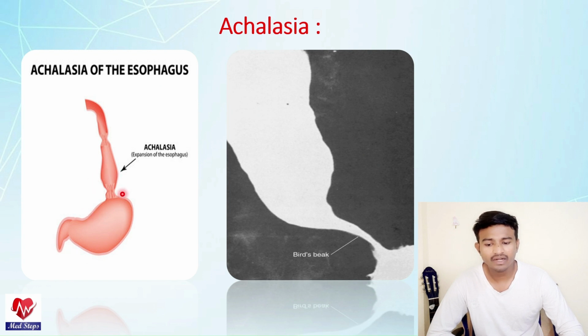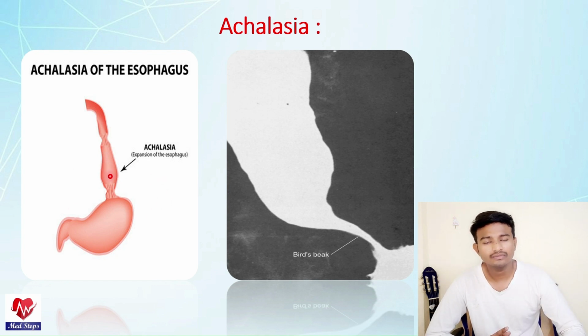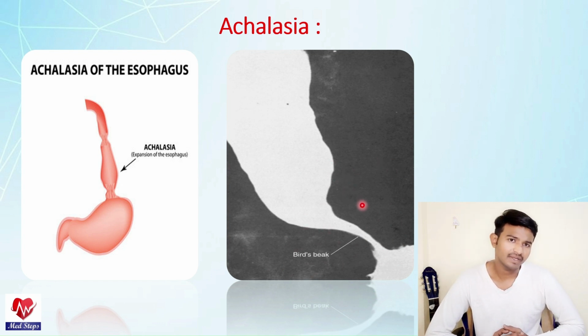In this distal part of the esophagus, the esophagus is narrowed. Because of this problem, food is not going to the stomach. If you see the imaging, you will get this type of picture, the bird's beak structure. And what is the treatment? We will give calcium channel blockers and nitrates for dilation.